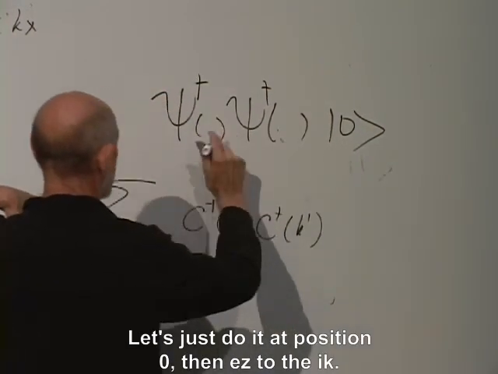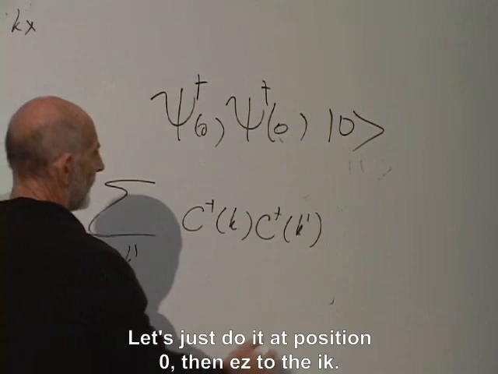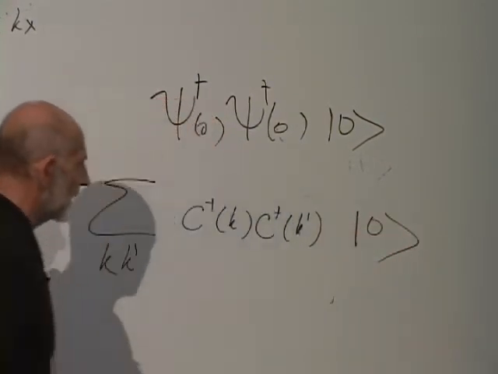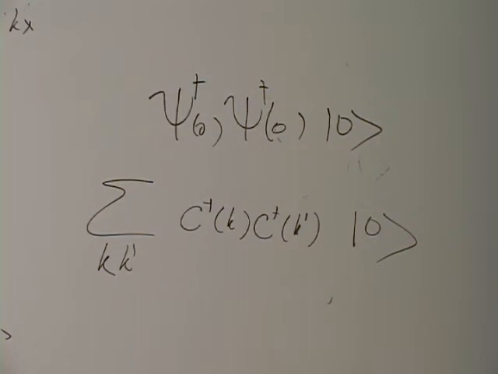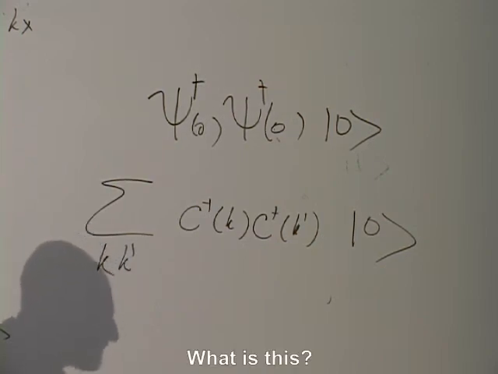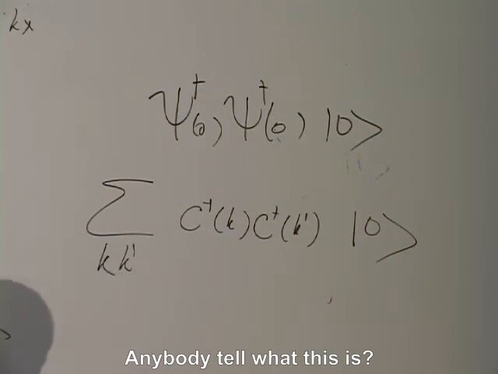Let's just do it at position 0. Then these e to the I kx's aren't there on 0. Well, what is this? Can anybody tell what this is?